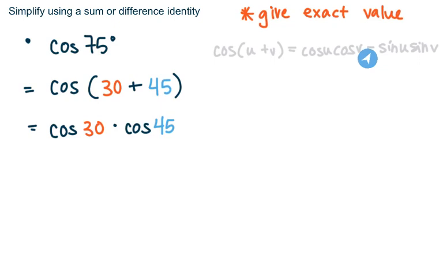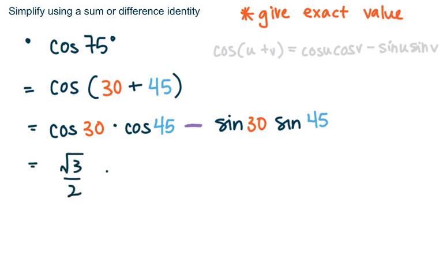The operation in between those two products is going to be minus, and then I'll have sine of 30 times sine of 45. Now, these are all values I know off my unit circle. Cosine of 30 is root 3 over 2. Cosine of 45 is root 2 over 2. Minus sine of 30 is 1/2. And sine of 45 is root 2 over 2.